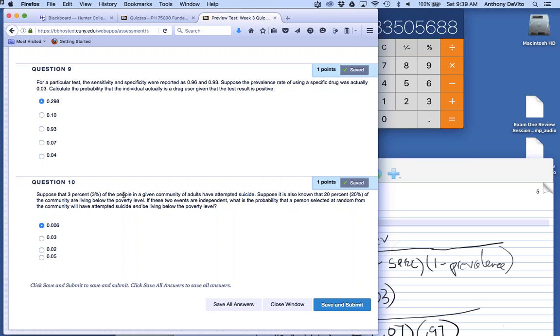So it's just the 10% for being a redhead times the 20% for being left-handed. So in that case, 2% would be the probability of that person being both left-handed and being a redhead.